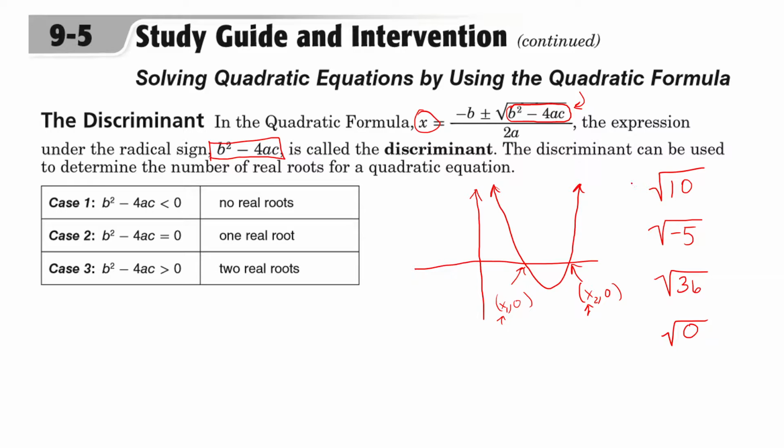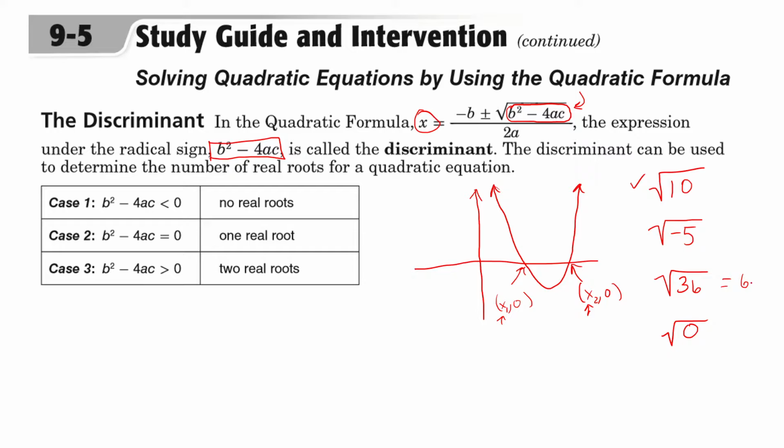All right, if we skip down to the third one, the square root of 36, well, we know that one's just 6. So if the discriminant, the part underneath the square root, is worth 6, then whatever negative b is, we're just going to do plus or minus 6 and then divide it by whatever 2 times a is.